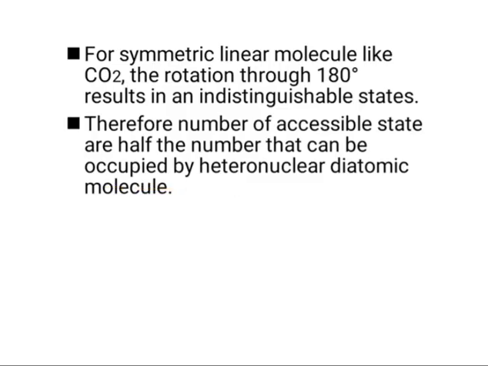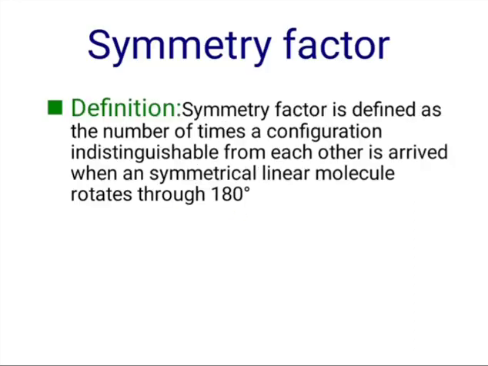Now for symmetric linear molecules like carbon dioxide, the rotation through 180 degrees, not Celsius. When the carbon dioxide molecule, or CO2, is rotated through 180 degrees, it results in indistinguishable states. Therefore, the number of accessible states is half the number that can be occupied by a heteronuclear diatomic molecule.